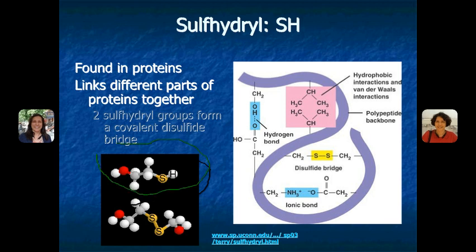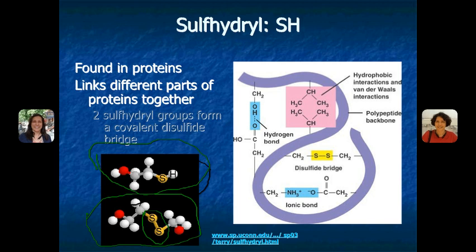So that's one copy of the amino acid cysteine, and two different cysteine amino acids in a protein can link to each other through their sulfhydryl groups, and that's what we're looking at over here, where the two sulfhydryls interact with each other and form a covalent bond, a disulfide bond that we see over here. And that is used in proteins sometimes to attach different parts of a protein to each other.